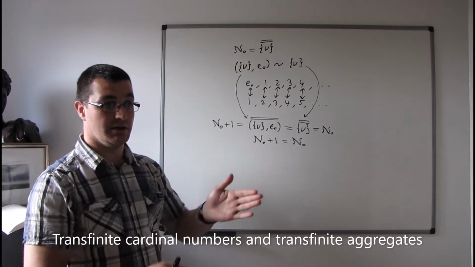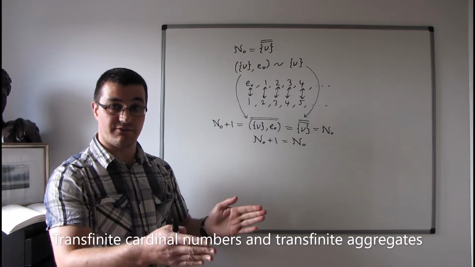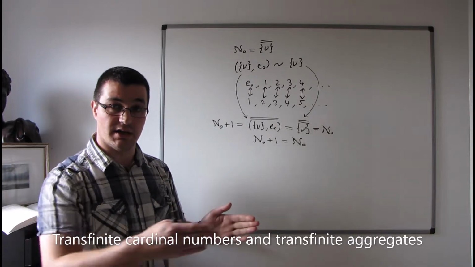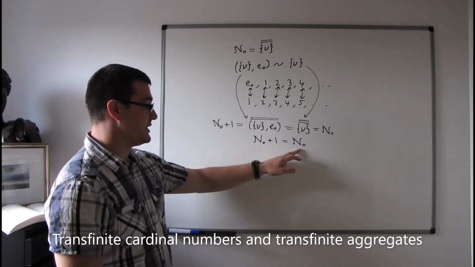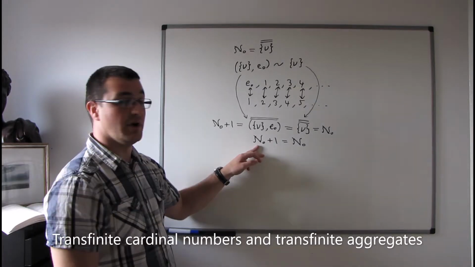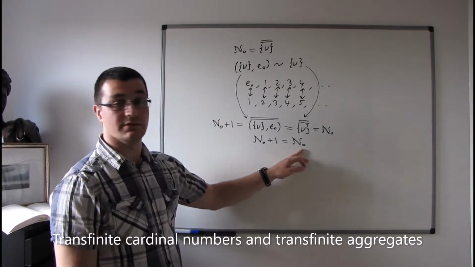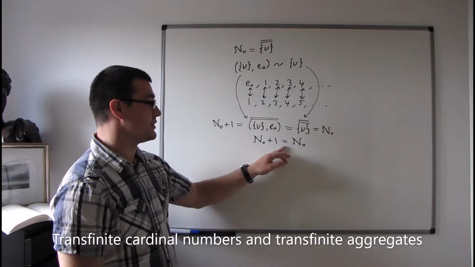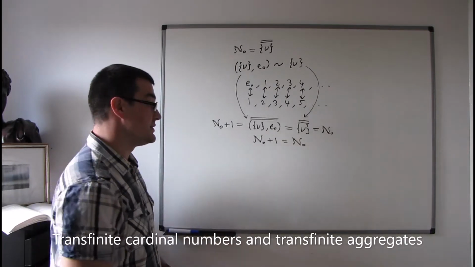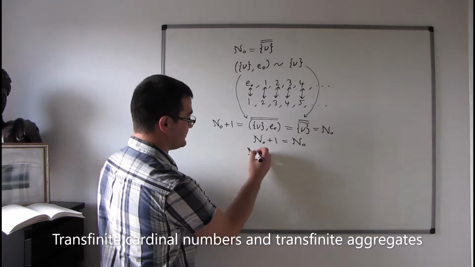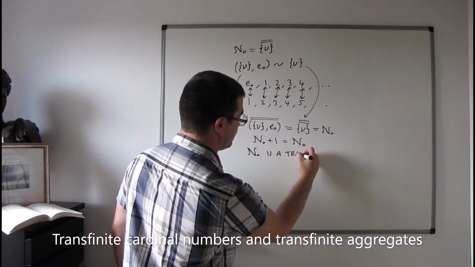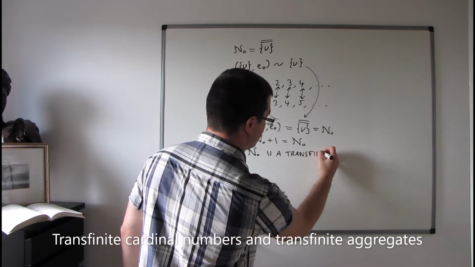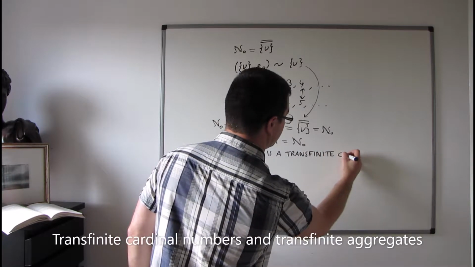So in particular, a finite cardinal is different from the next one along in that sequence. So this would be the next one along effectively from Aleph naught. So if Aleph naught were finite, then this couldn't be equal to this. Aleph naught plus 1 could not be equal to Aleph naught. So therefore Aleph naught is a transfinite cardinal.